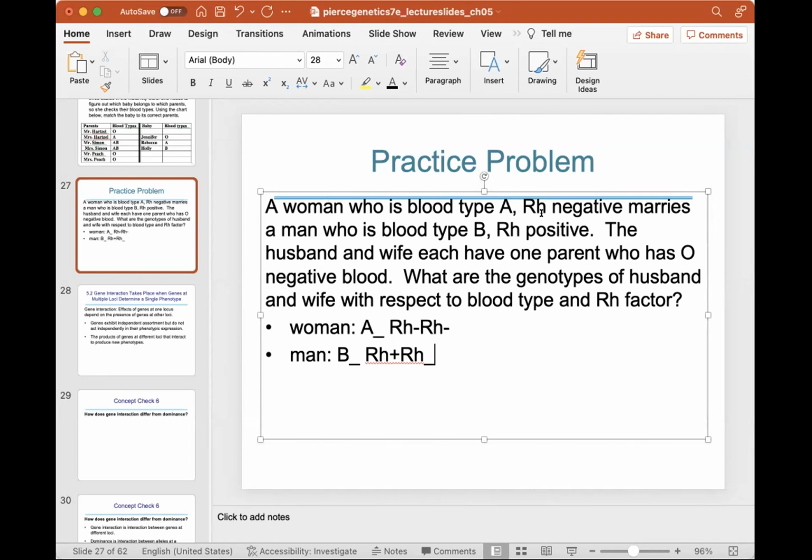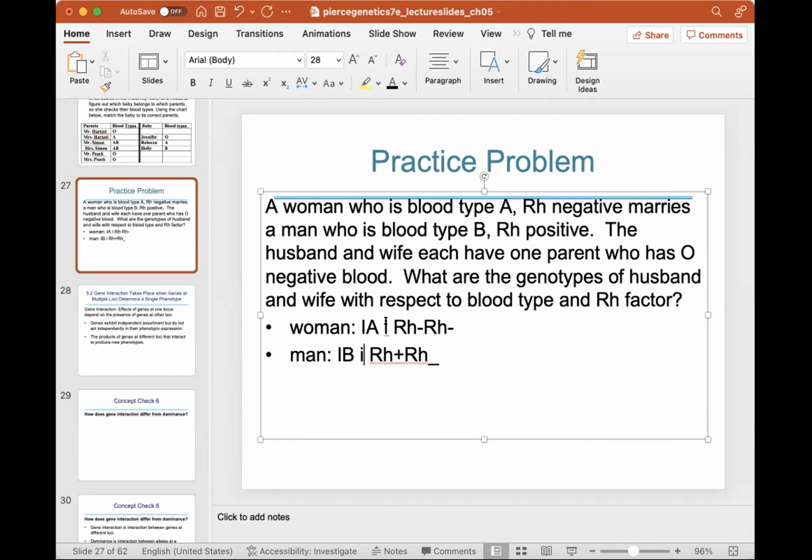Because the woman and the man both had a parent who had O negative blood, that means the O is telling us that both of our individuals are going to have one O allele. I feel like I should have done better notation because traditionally it's like IA and then little i. And so I guess we'll stick with the traditional notation.